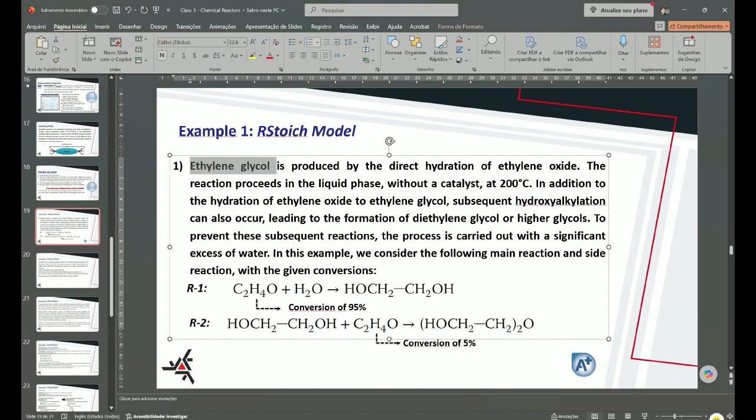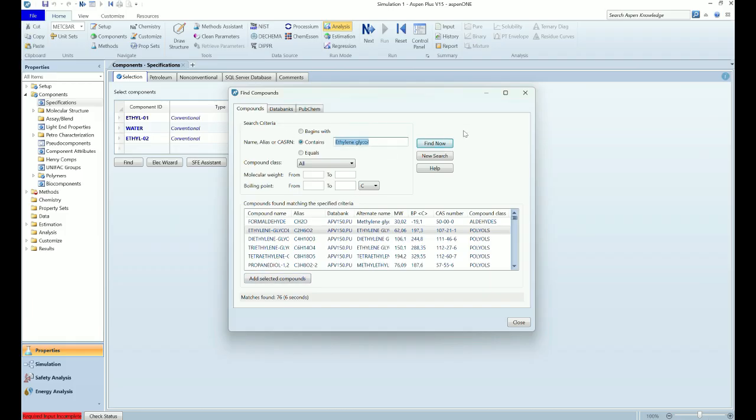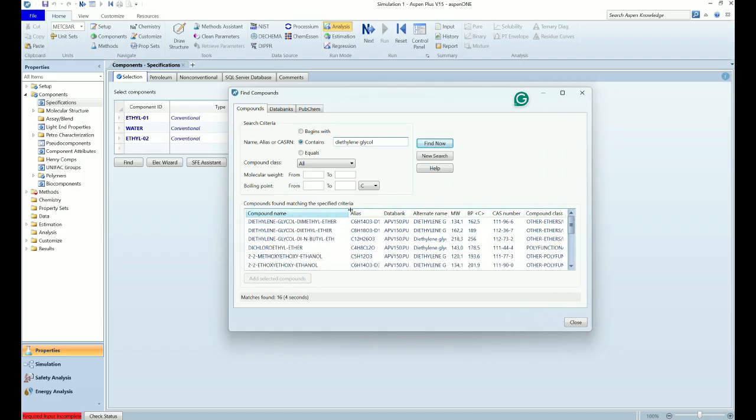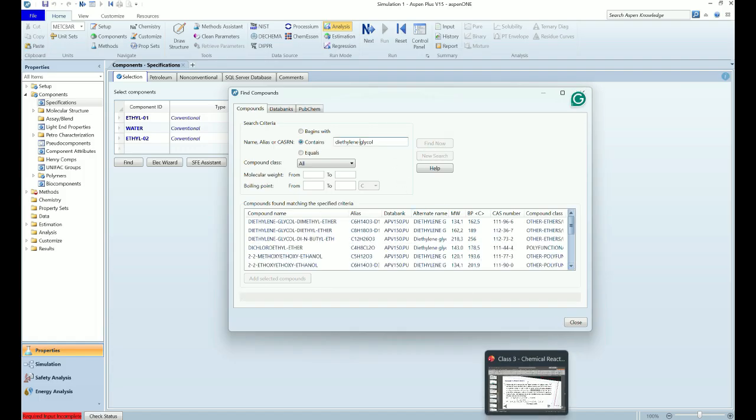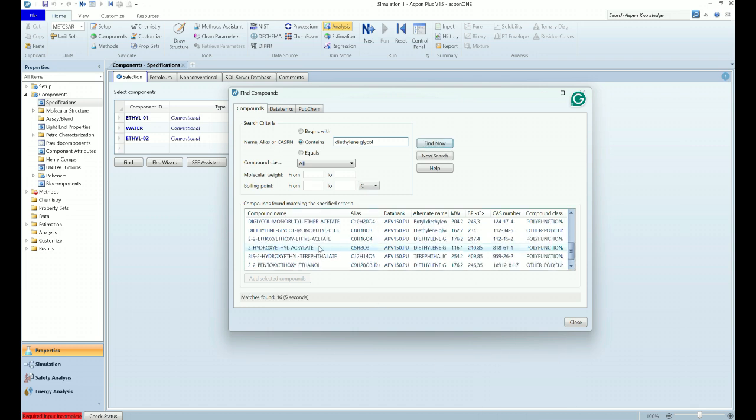And the diethylene glycol for the second reaction. Be careful here selecting the appropriate component, because you have other variations of diethylene glycol.